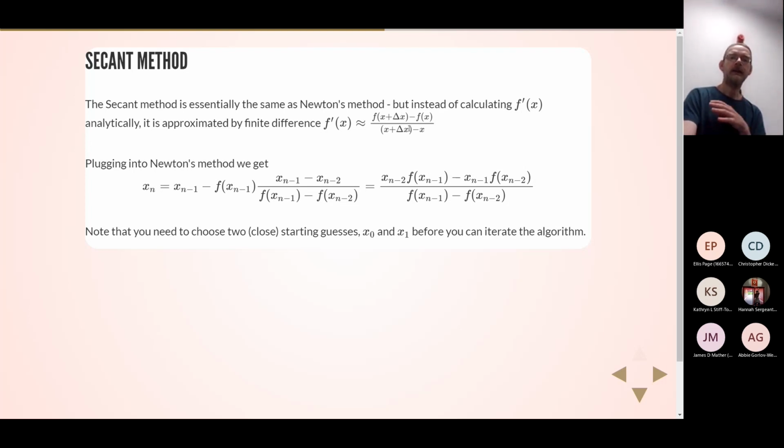Take away f(x) and then subtract the amount we've shifted. So we just make a simple numerical finite difference approximation to the derivative, and then we plug it in exactly as before. These equations look a bit fiddly, but they're just plugging in what this equation is.